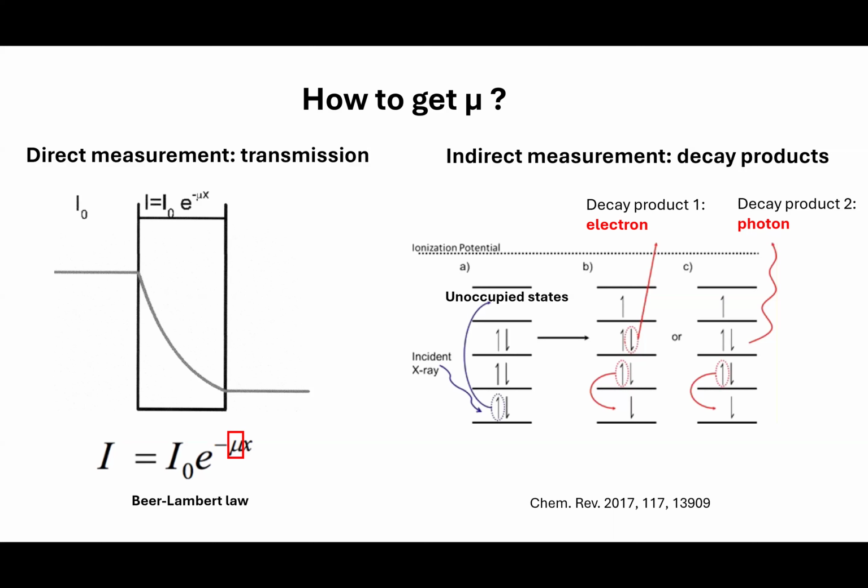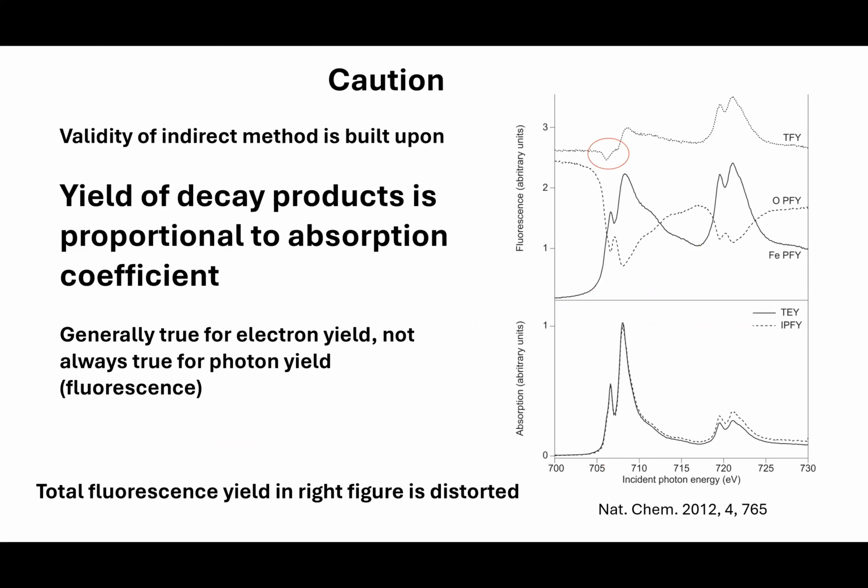In the case where the photon is released, a photon is generated with an energy corresponding to the energy difference during the shakedown process. So there are two types of decay products that we can measure, corresponding to the electron yield mode and the fluorescence yield mode. And let's just treat fluorescence and photon as interchangeable in the next discussions.